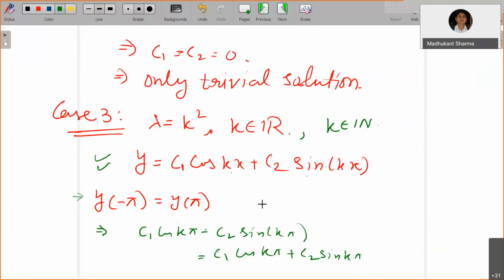The C1 cos k pi will get cancelled, and what you have is 2 times C2 sin k pi equals 0.